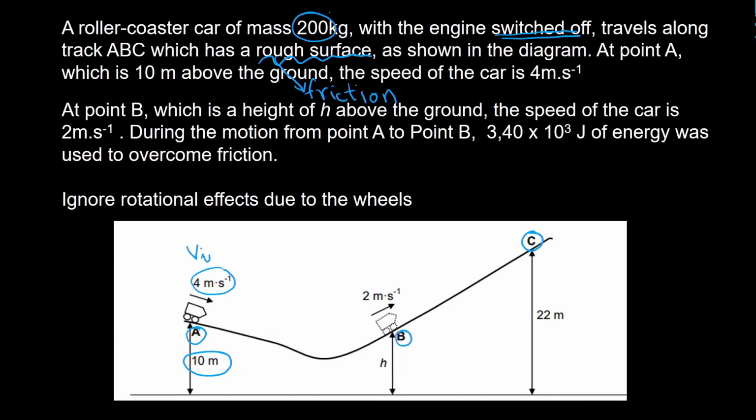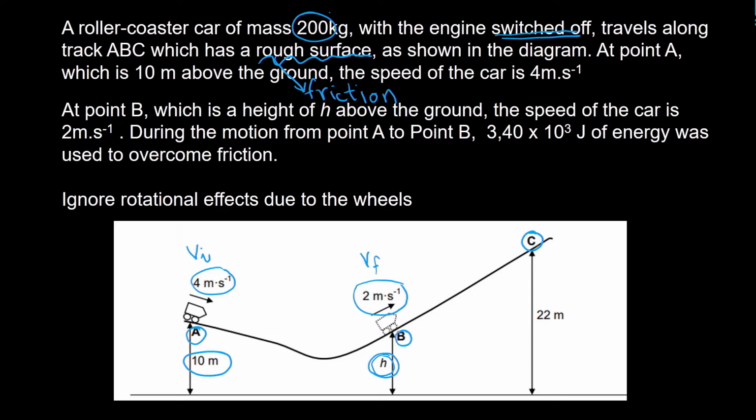At point B, which is at a height of h, we don't know that height, so my brain is thinking they're probably going to ask me to calculate it at some stage. The speed of the car is 2 meters per second, so that is the final velocity.